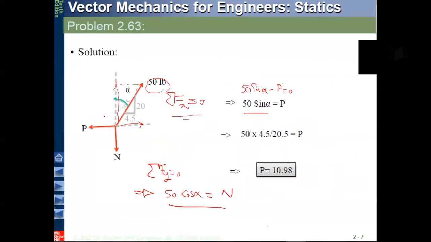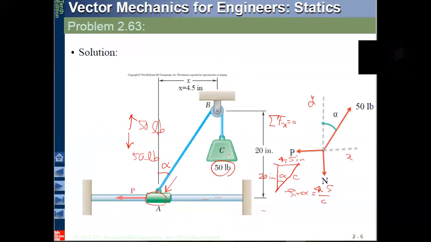But in this equation, your unknown force P only has horizontal component, and you can derive it just by writing sigma Fx equal to 0.